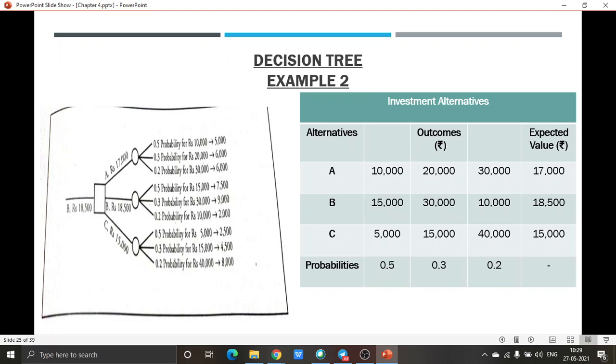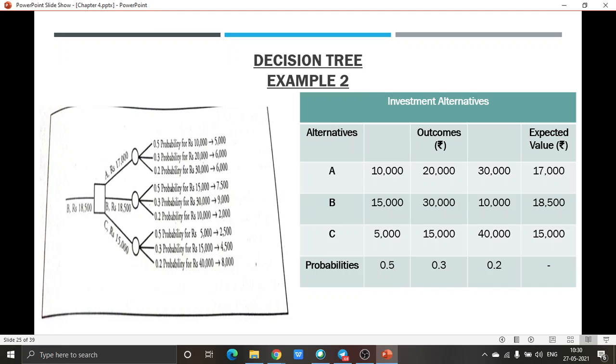Now just consider an investor who is prepared to invest rupees 1 lakh for one particular year. The investor starts by isolating three opportunities and their respective financial returns.